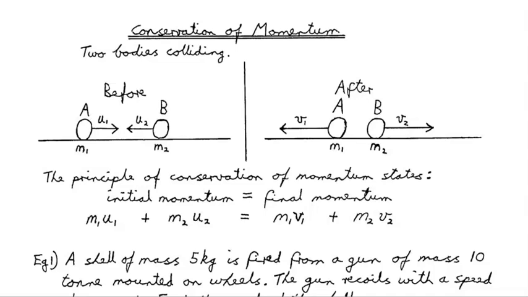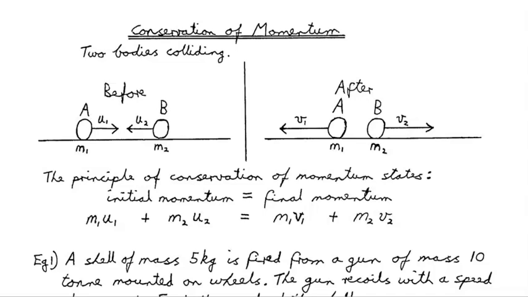The masses of course don't change, and we will find that the mass of object 1 times its velocity plus the mass of object 2 times its initial velocity added together will be the same as after the collision: the mass of object 1 times its velocity v1 plus the mass m2 times its velocity v2.